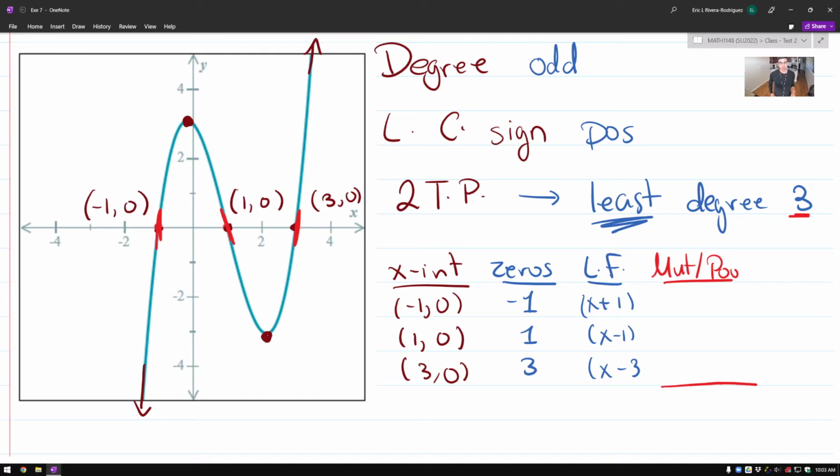Okay, so 1, 1, 1 is correct when we select a degree of 3, but how would you know that the exponent of 1 is correct for these linear factors?